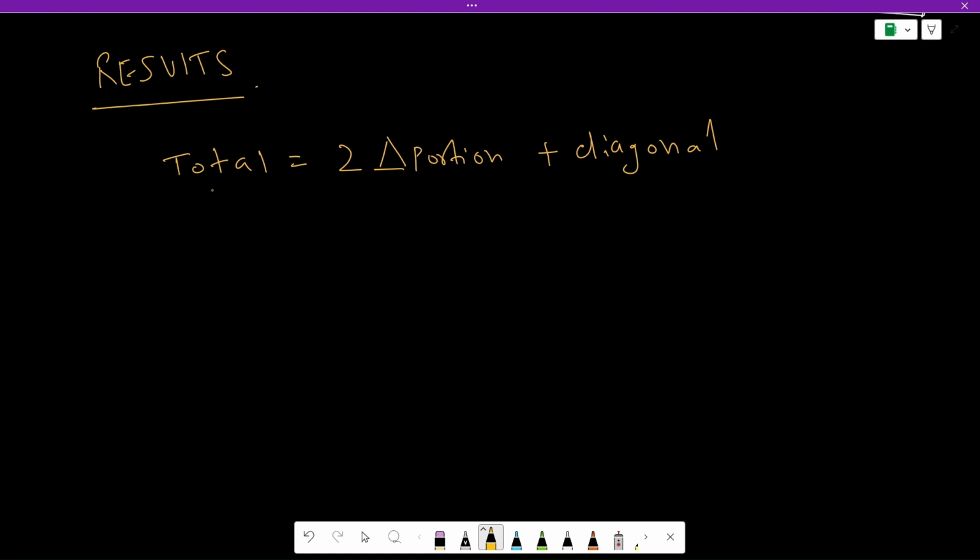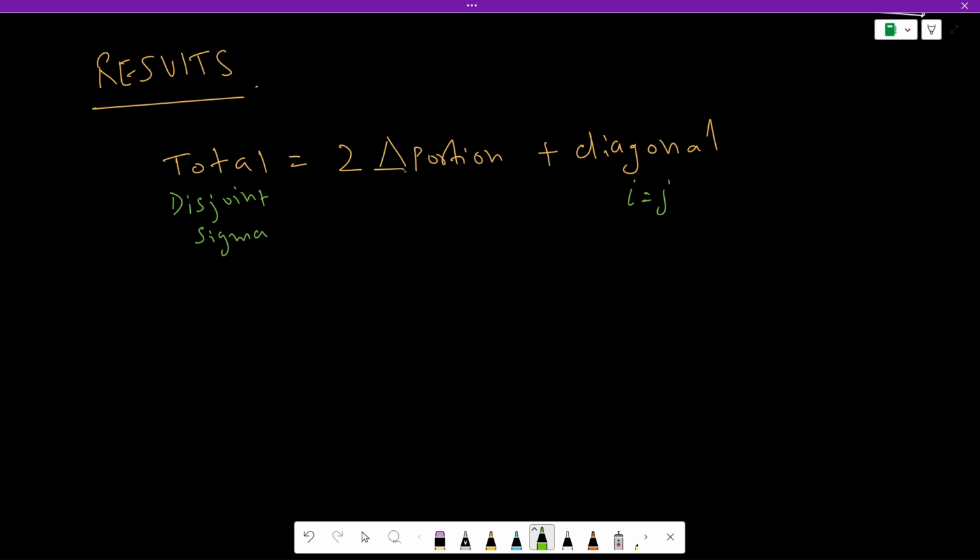The total part, the complete matrix summation, is the double sigma, and the diagonal part is where i equals j.